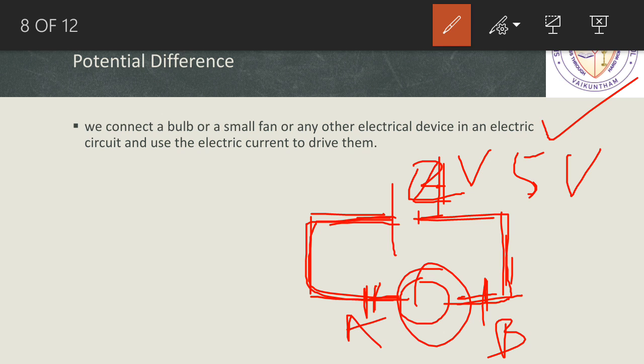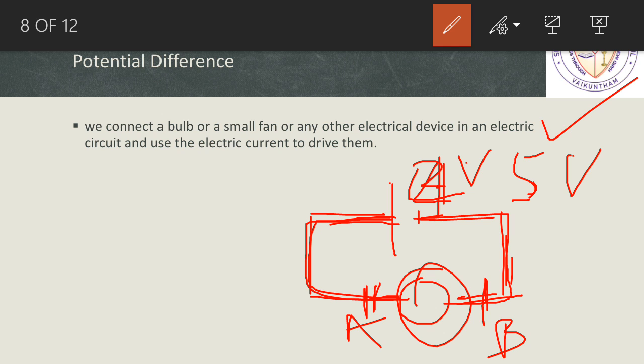This difference in potential will go on increasing when you increase the battery EMF, so more potential difference will be created across the terminals of this electrical appliance.